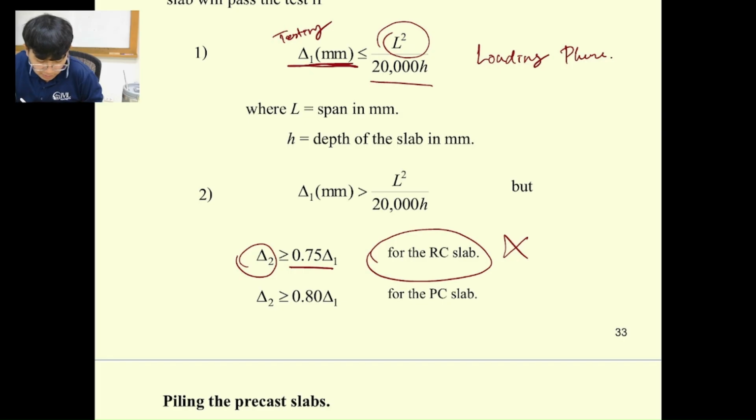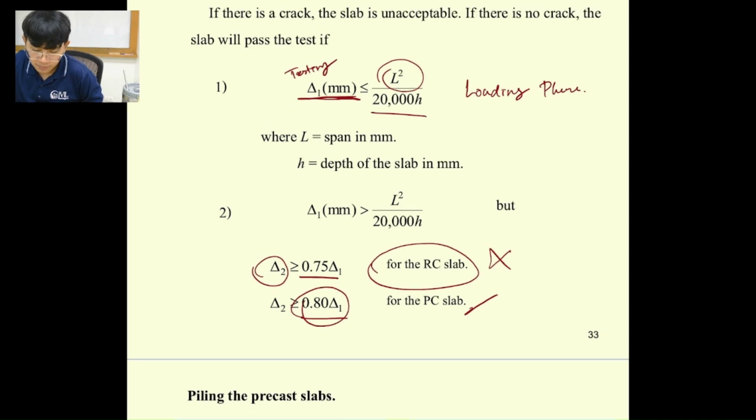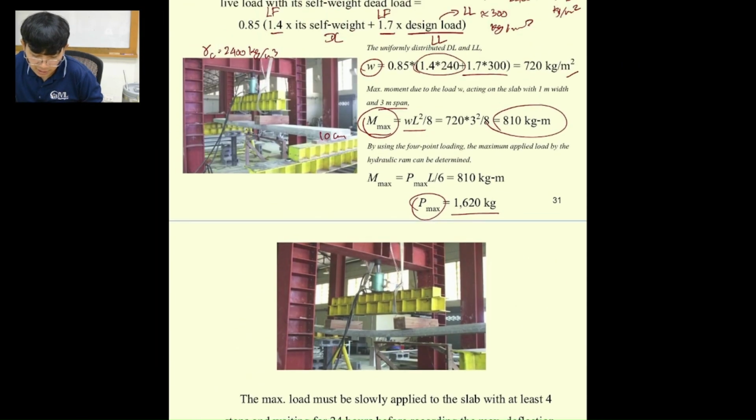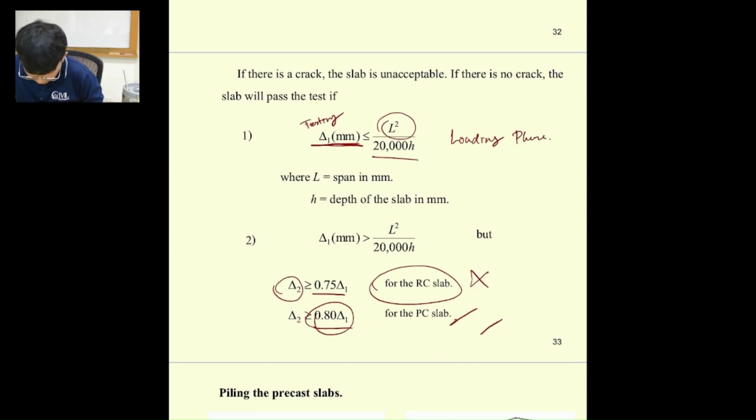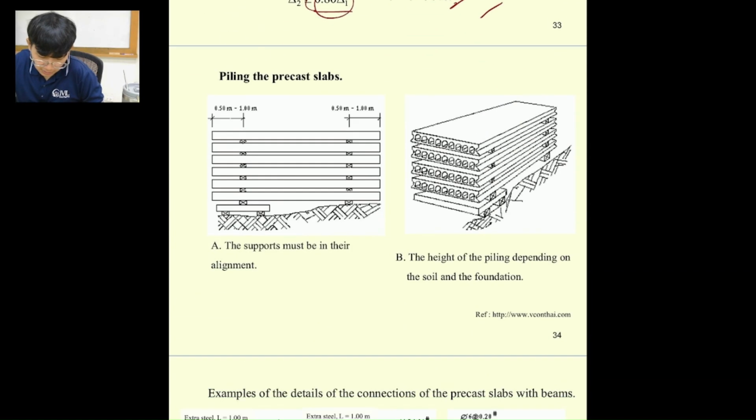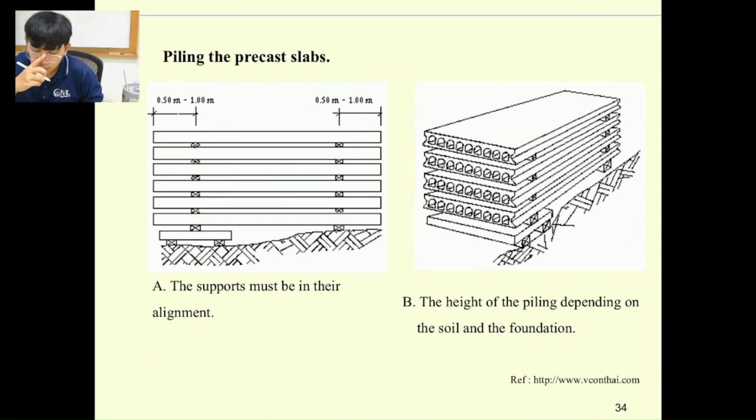It's supposed to return back at least 80% for the PC slab, in order to pass that requirement of the deformation. So we check the load, and then we also check the deformation.